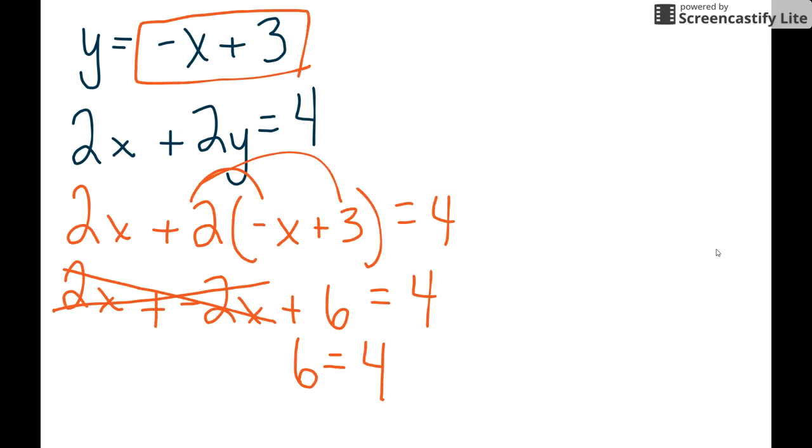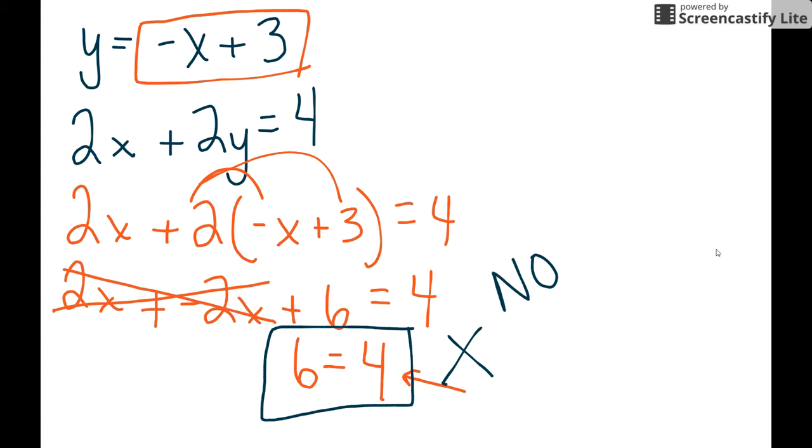Well, if you remember back to chapter 1, whenever we had an equation that ended like that, you had to answer if this was true. Does 6 equal 4? Well, never. 6 never equals 4. So if you end up with a false statement, this means no solution, because it's false. So if it's false, it means no answer.